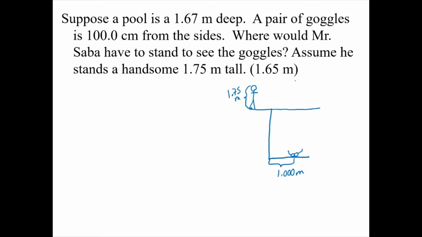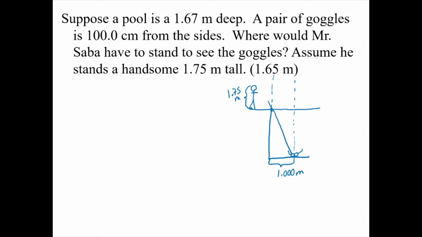So let's see what has to happen. Here's the normal. Actually, let's move it over. So the light is going to come out of the pool here. We'll make the normal over here. Sorry about that. And it's going to bend.